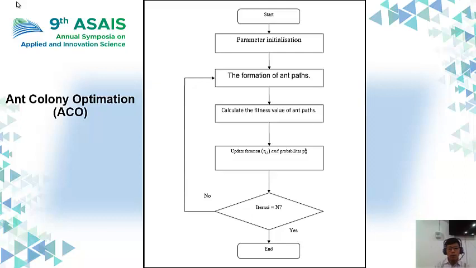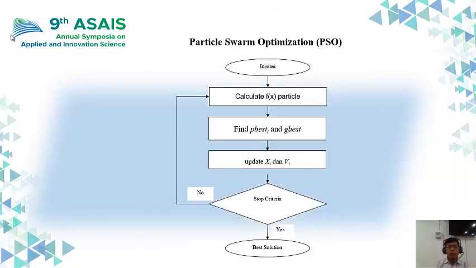Before the ants move, they are placed on the first predetermined route. Next, particle swarm optimization. Some common terms used in particle swarm optimization can be defined as follows. Swarm, the population of an algorithm. Particle, a member individual of a swarm. Each particle represents a potential solution to the problem being solved.